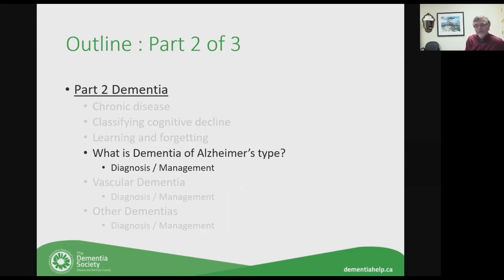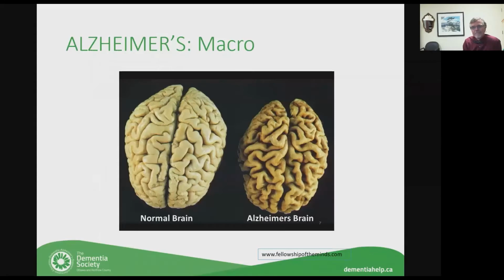So now we're going to get into the actual causes of dementia. Here are 2 images, and you see the normal brain. I call it the grape look because it's nice and plump. And this is more the raisin look, right? You can see how there's been shrinkage in all of the areas of the brain where the neurons are.